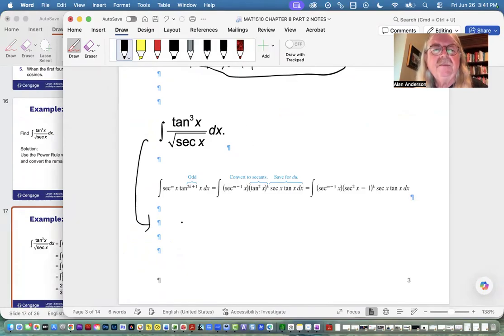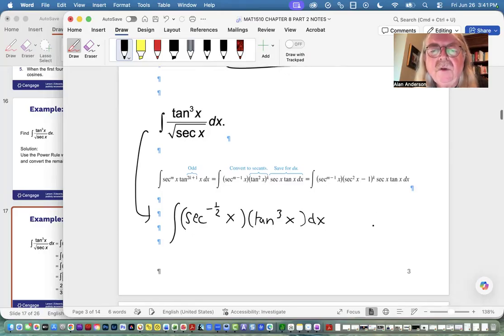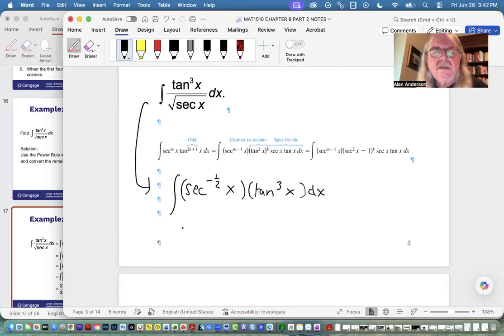A little bit of manipulation in order to split off a secant.